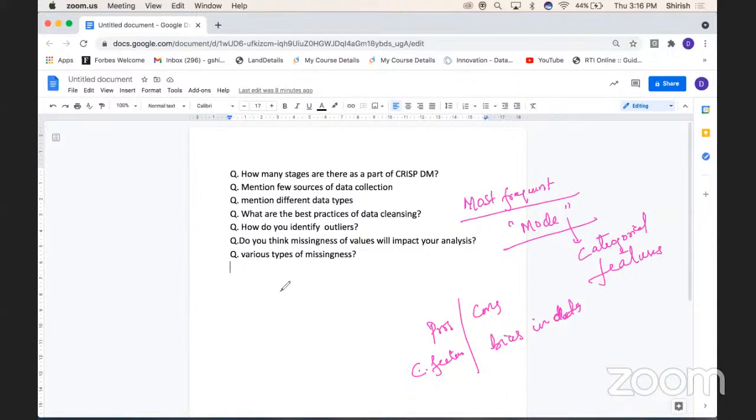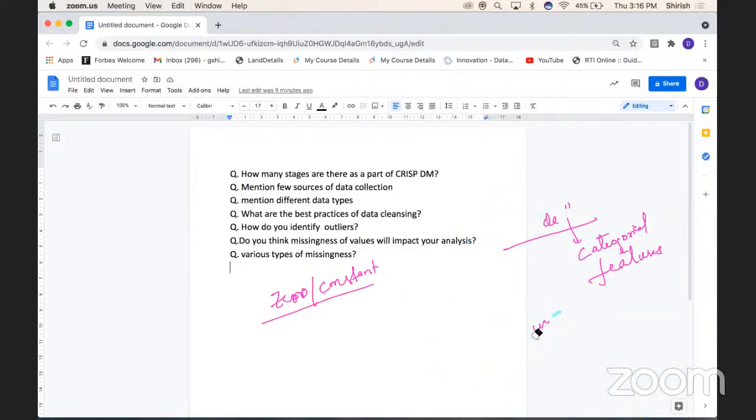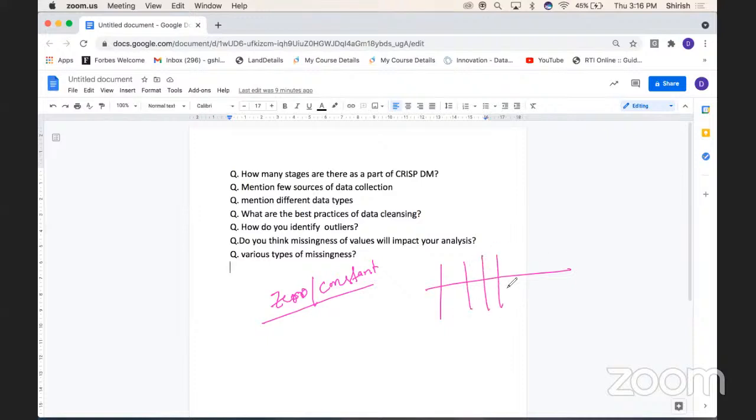There is one more thing called zero or constant imputation. What are we doing here? The name itself suggests that you impute using zero, so all the NaN values in your data set, NA value, NA value, NA value, would be filled with zero or any constant value you specify.